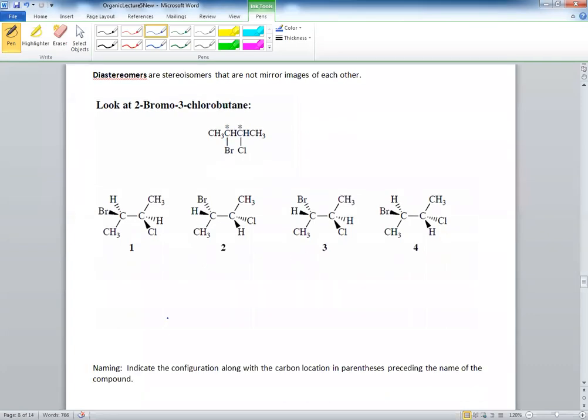So let's get used to drawing it this way, although sometimes students just prefer the other way. So here's the other way. What I mean by this is just like that. Let's start with the Br, and then we'll do the Cl.